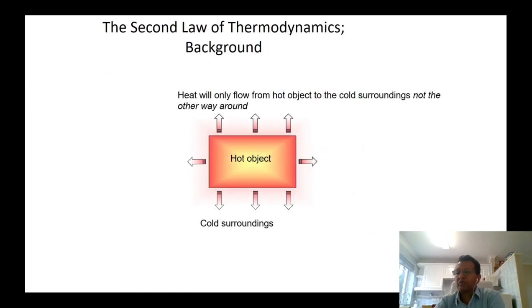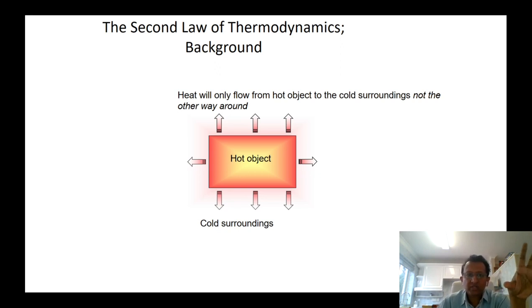And then for the second law of thermodynamics, I'm going to talk about the background. If you have a hot object and cold surroundings, the heat can only flow from the hot object to the surroundings.